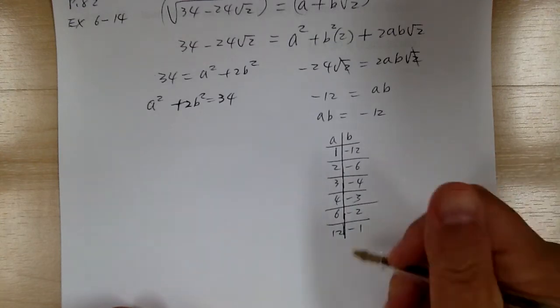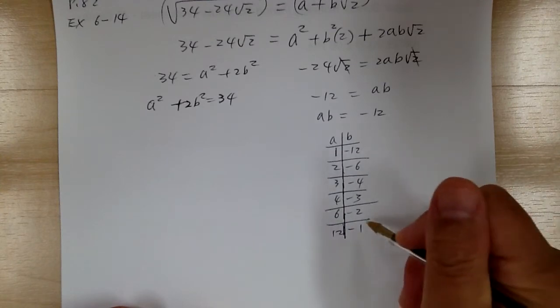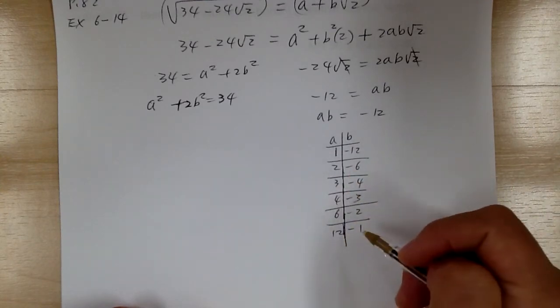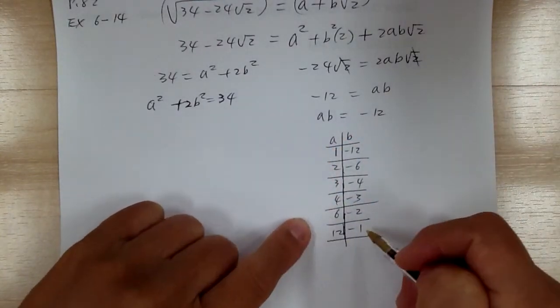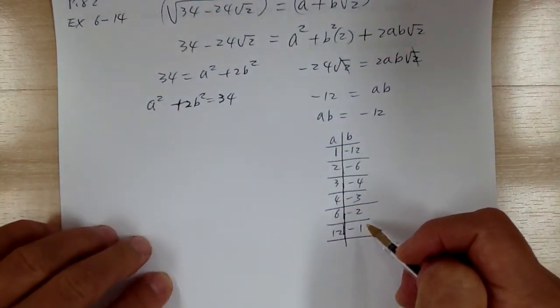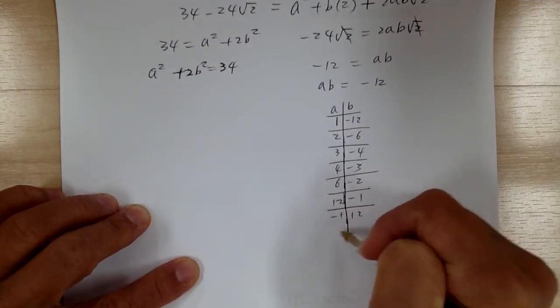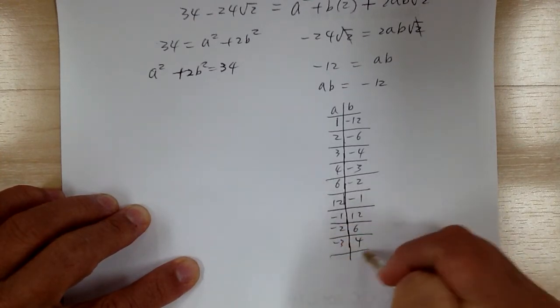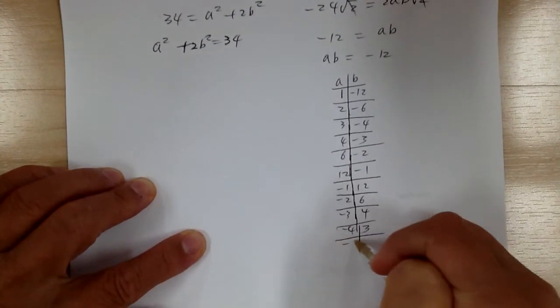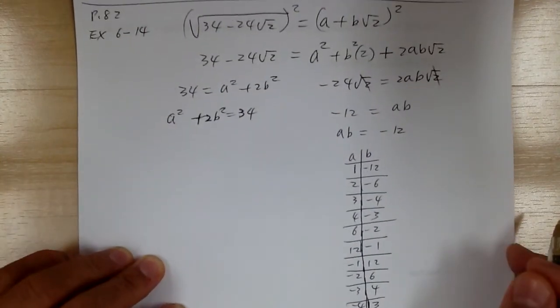You can also use the negatives, but right now we don't care about positive or negative yet, because you're going to square anyway. So you can also have negative 1, 12; negative 2, 6; negative 3, 4; negative 4, 3; negative 6, 2; negative 12, 1.